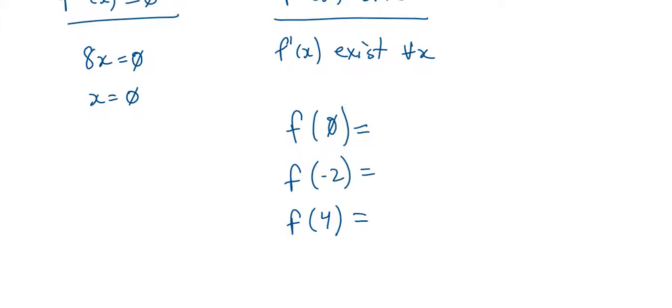F at 0 is 0. F at -2 is 16 over 5, which we probably want as well as a decimal for comparison. And f at 4 is 64 over 17, which is approximately 3.8.